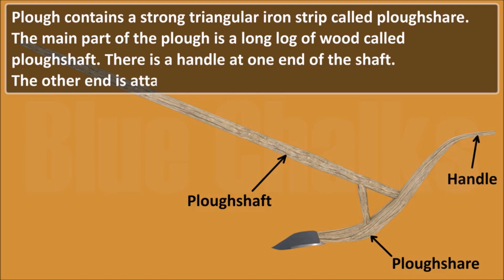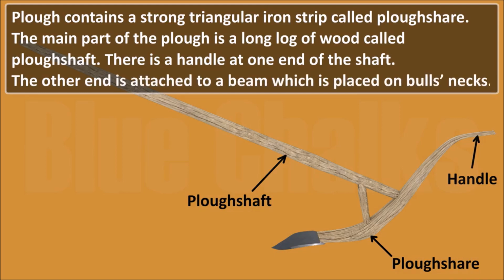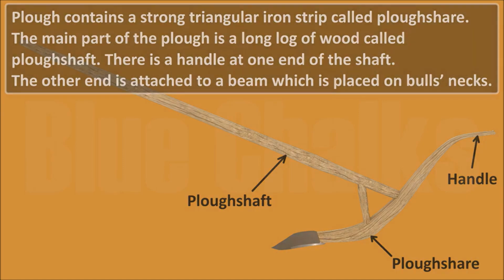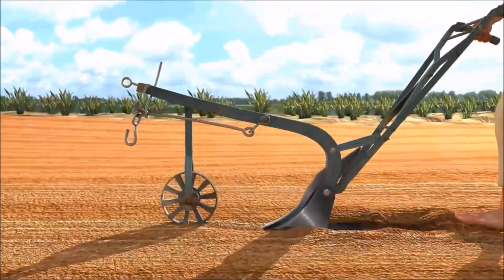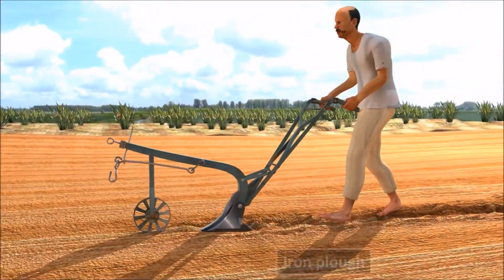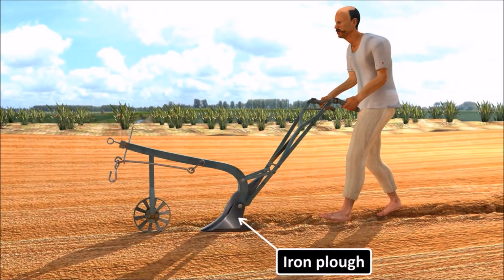The other end is attached to a beam which is placed on a bull's neck. Nowadays, the wooden plow is replaced by the iron plow. It also has the same parts as the wooden plow, only it is made of metal.